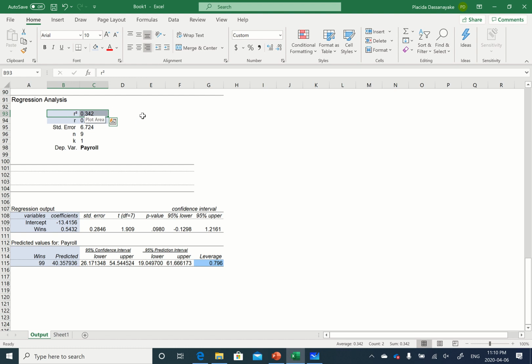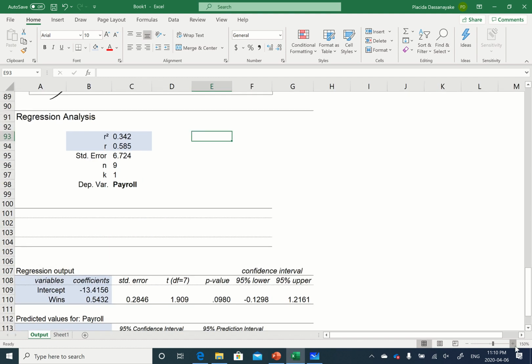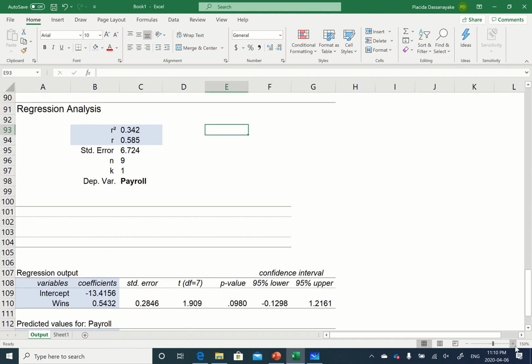R square, the coefficient of determination, equals 0.342.